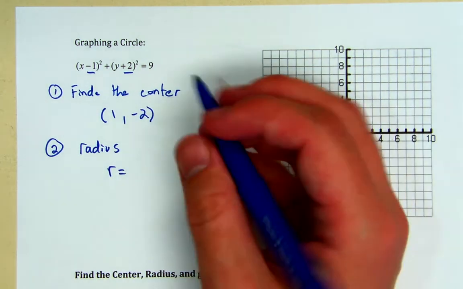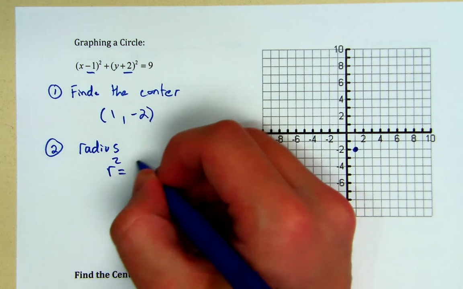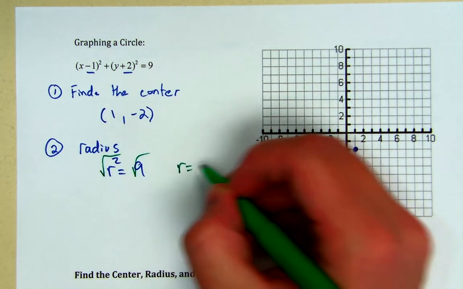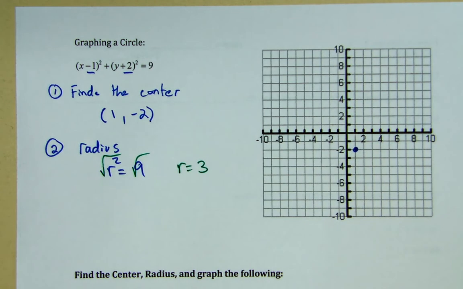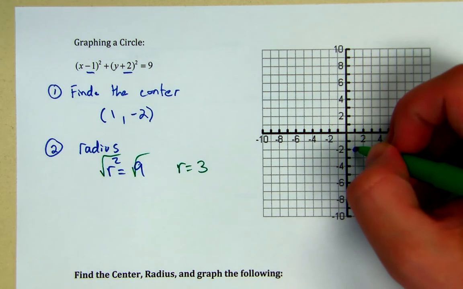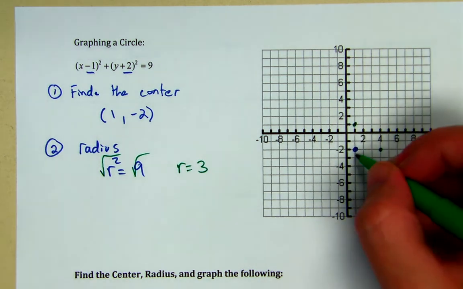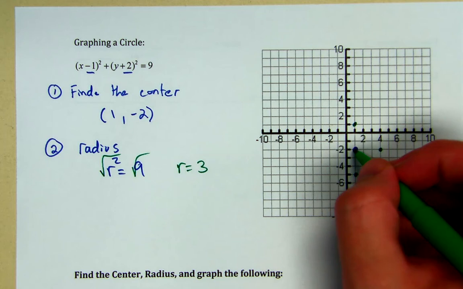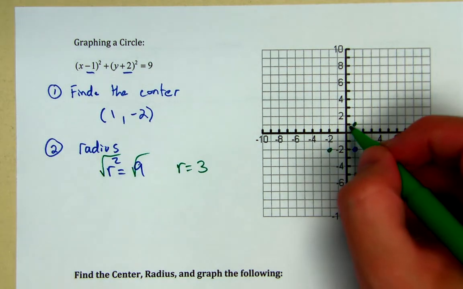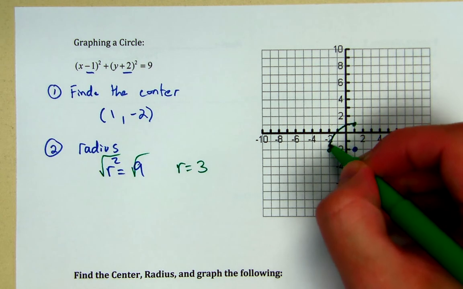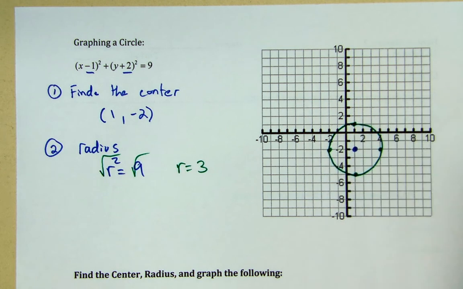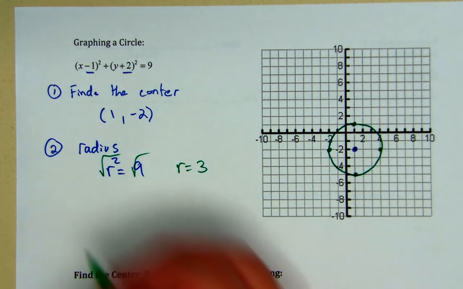Well, r squared equals 9. Square root both sides, r equals 3. If the radius is 3, then I can extend 1, 2, 3 and plot a point, 1, 2, 3 and plot a point, go down 3 and plot a point, and to the left 3 and plot a point. All I have to do now is connect my points to make a circle, and you've graphed the circle.